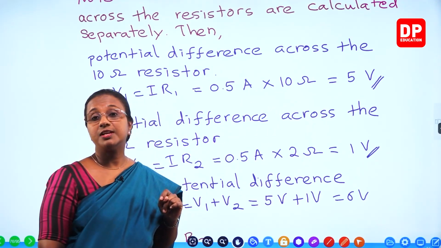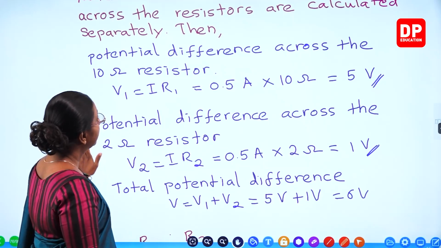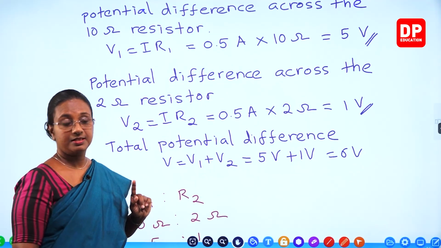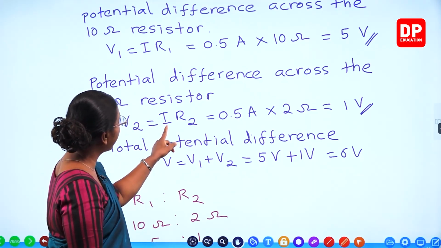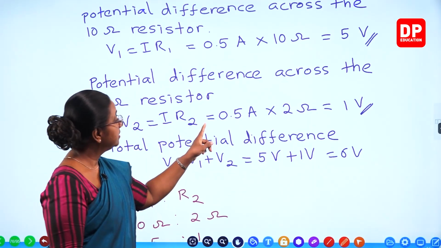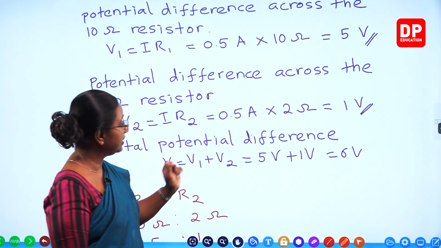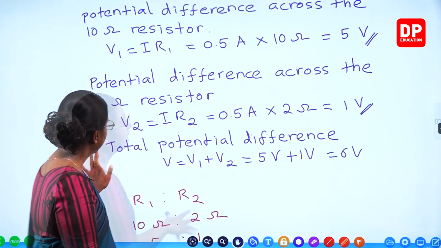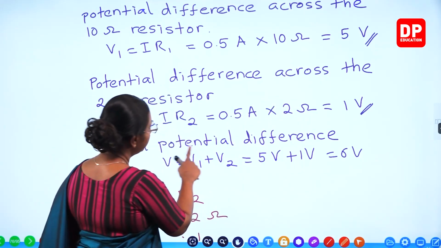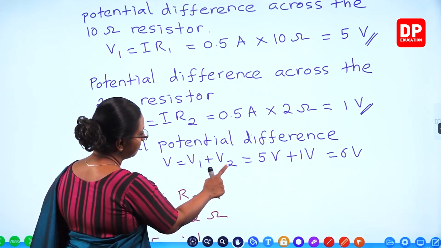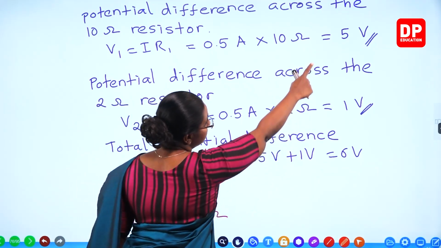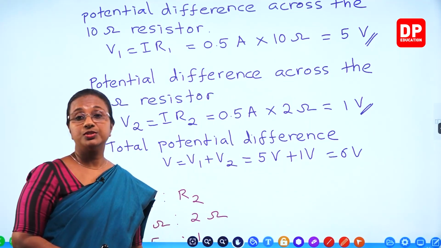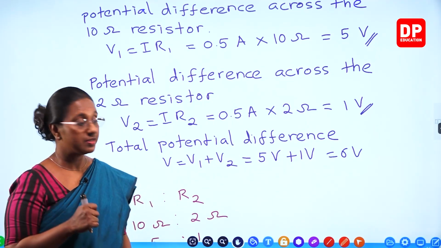So the potential difference is 5 volts. Then here, potential difference across the 2 ohm resistor, that is V2 is equal to I into R2. 0.5 amperes into 2 ohms, that is equal to 1 volt. If you take the total potential difference, V equals V1 plus V2, 5 volts there and 1 volt here. That is equal to 6 volts, the potential difference of the power supply.